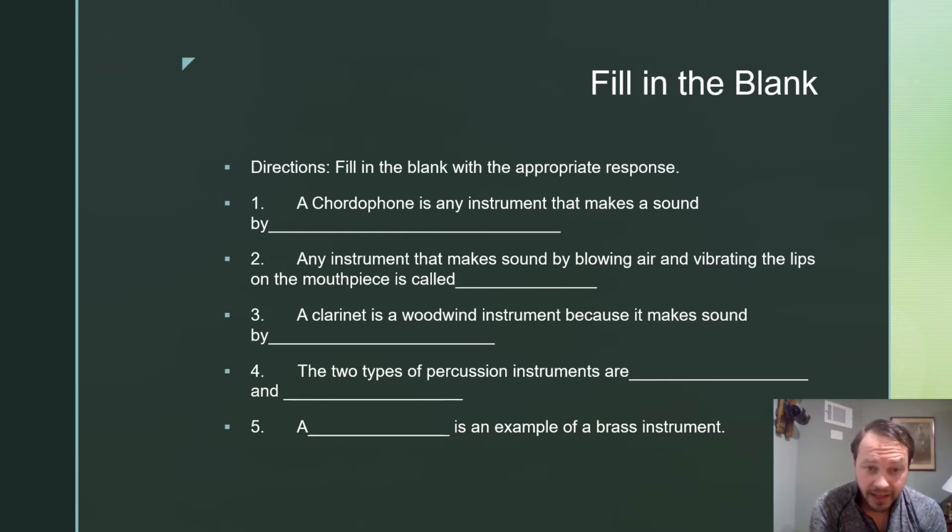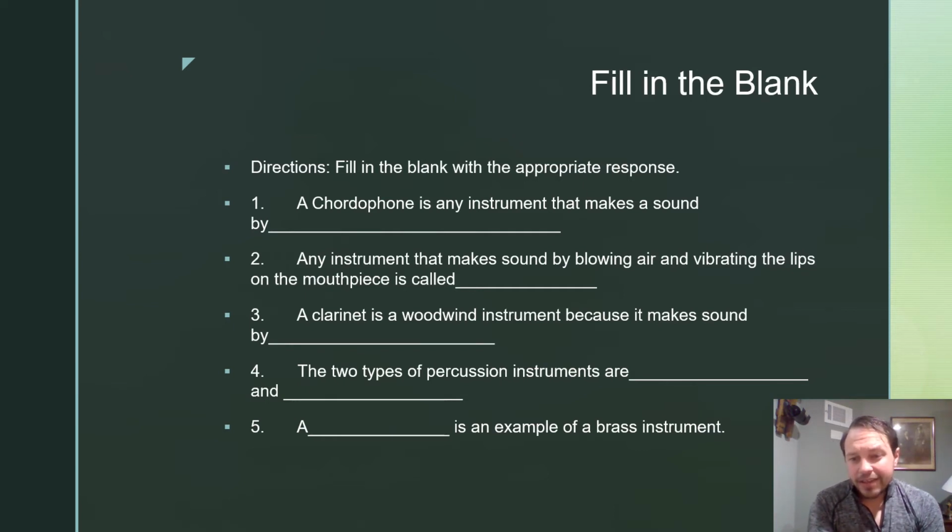Very important that we use the word vibration there. As we know, all sound is made through some sort of vibration. It is not 100% accurate to say through the plucking of strings, through the bowing or the strumming of strings.